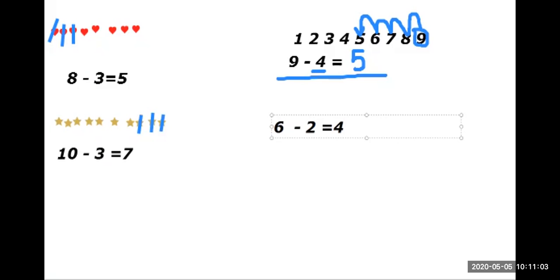So your answer is 4. 4 is your difference. 6 minus 2 is equal to 4. And which method have you used? Fingers method. You subtracted it on your fingers. And your subtraction sentence is 6 minus 2 is equal to 4. Clear?